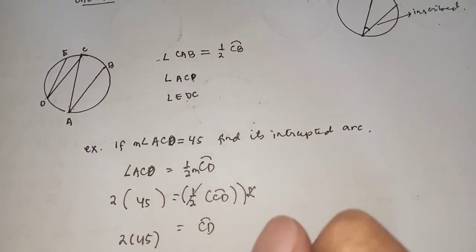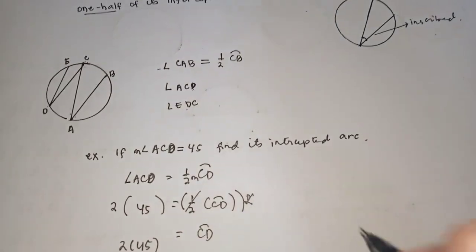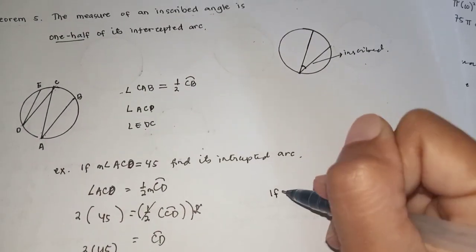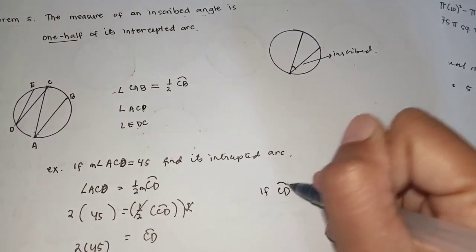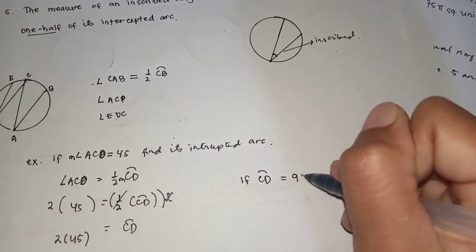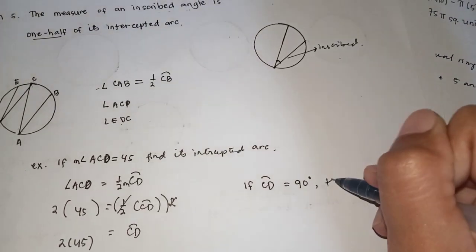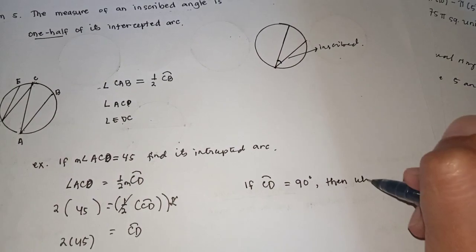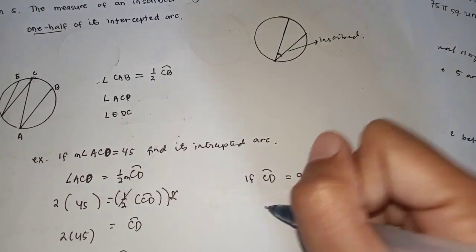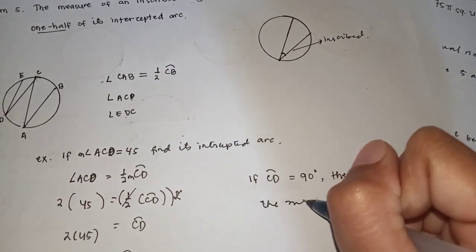If our arc CD is equal to 90, then we need to find the measure of an angle that intercepts the arc CD. The angle that intercepts arc CD is the angle ACD.